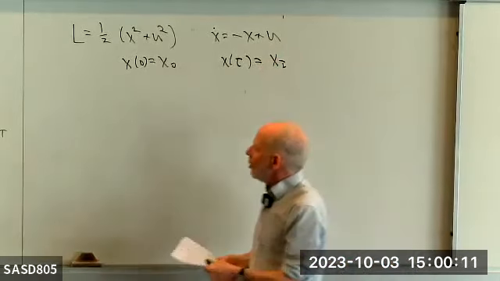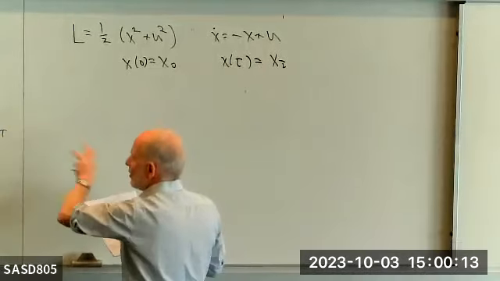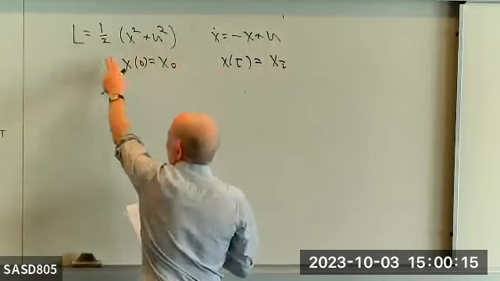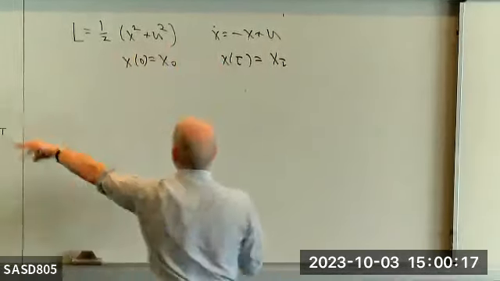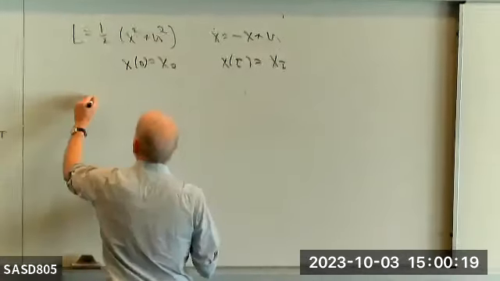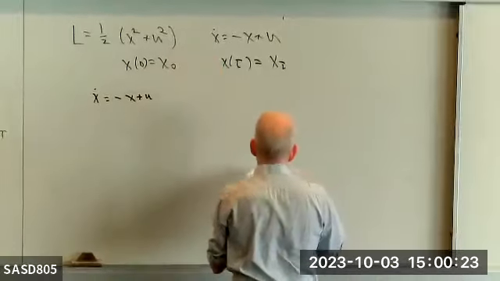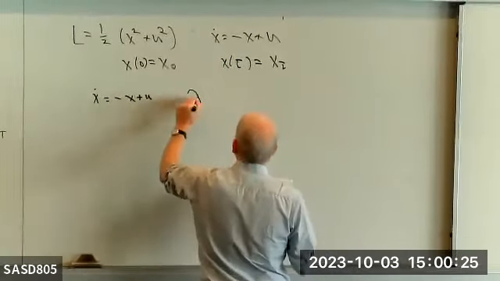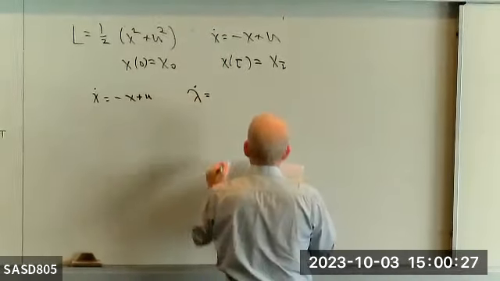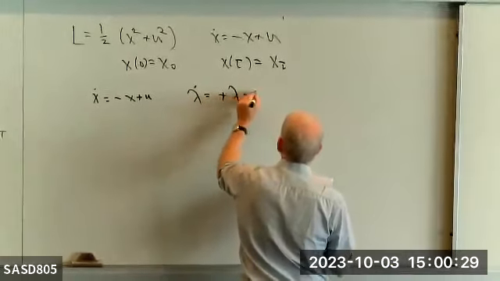And so then the Euler-Lagrange equations, if you just stick the L for this into these equations, you'll get x dot is minus x plus u, because we have to reproduce that. Then we get lambda dot is plus lambda minus x.